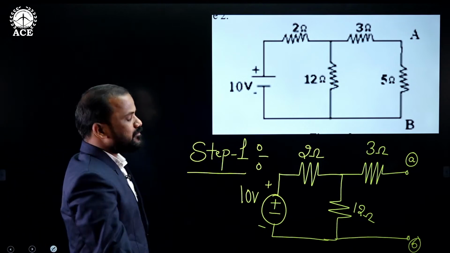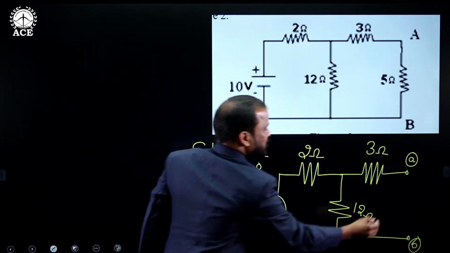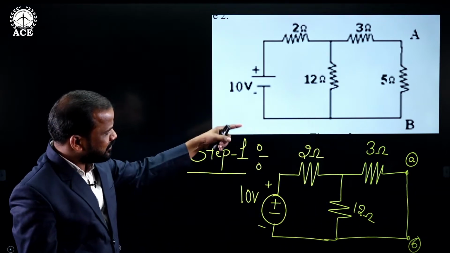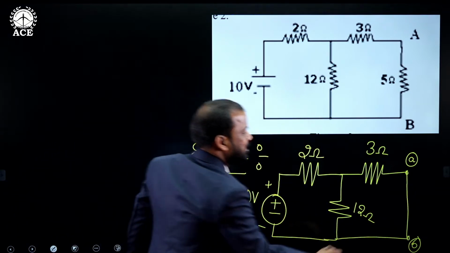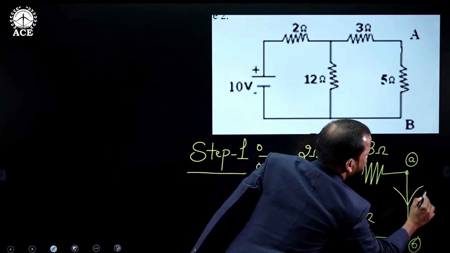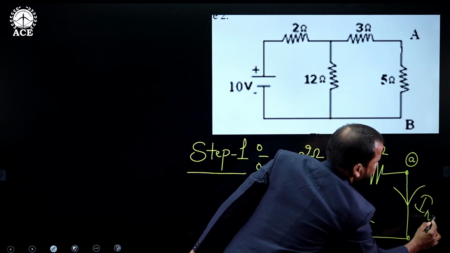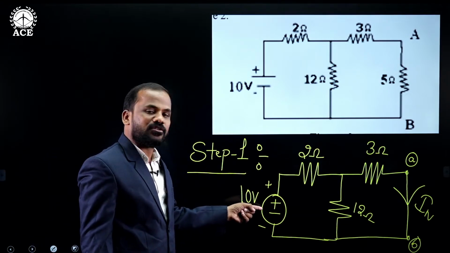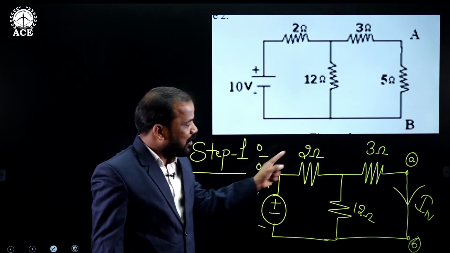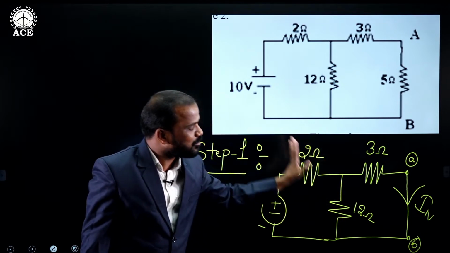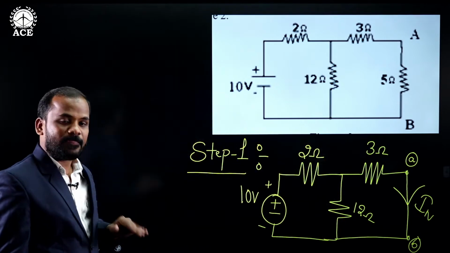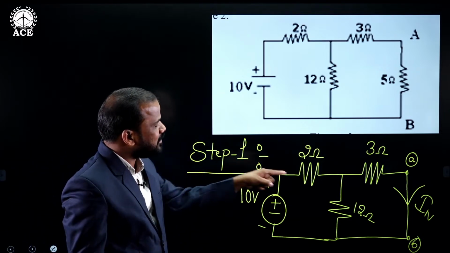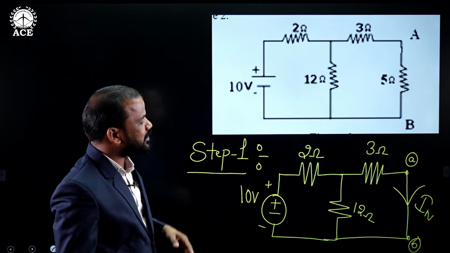We need to short circuit these two terminals like this. Whenever these two terminals are short circuited, definitely some amount of current flows through this short circuited path, because we have a voltage source. Whatever current flows through that short circuited path represents Norton's current.